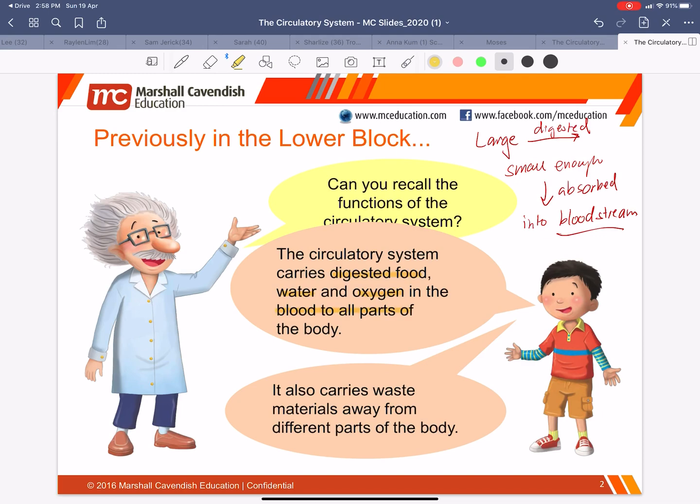So basically, oxygen is also another very important component which we have talked about in our previous lesson, which is obtained from your respiratory system. Now I want to stress once again, respiration is not the same as breathing, as many people have this serious misconception. Breathing is really something of a mechanical process.